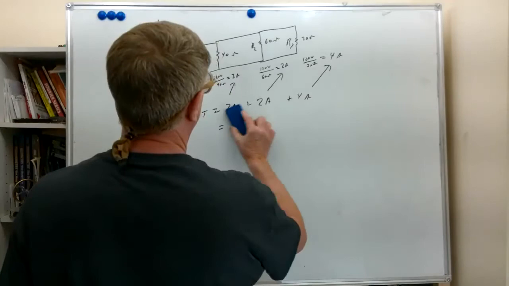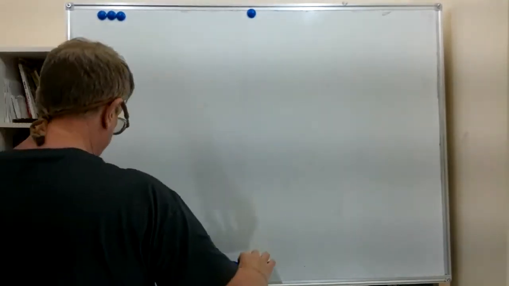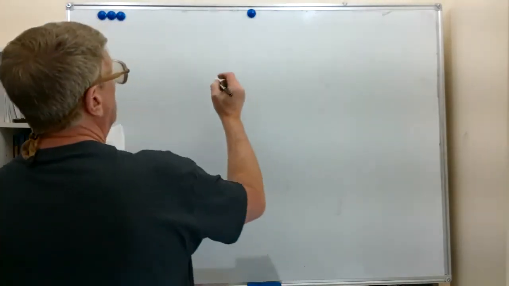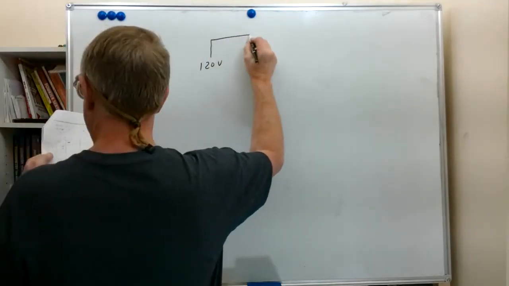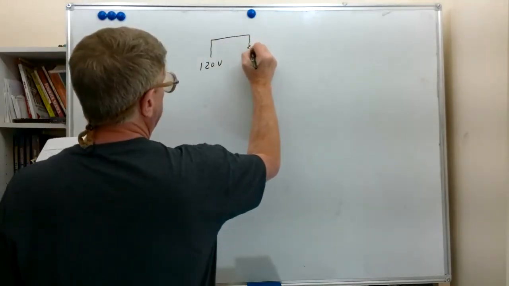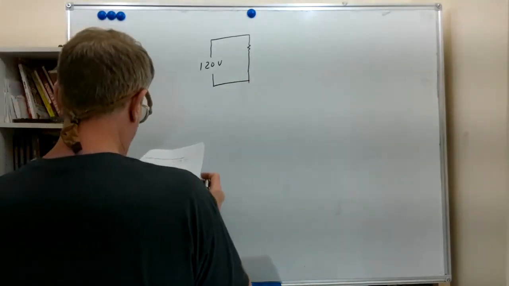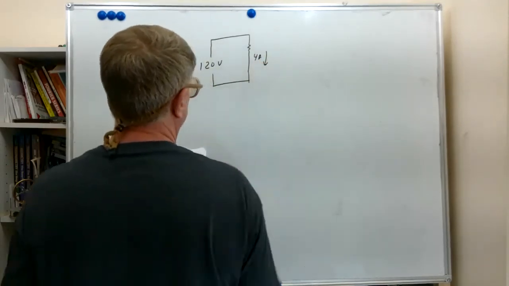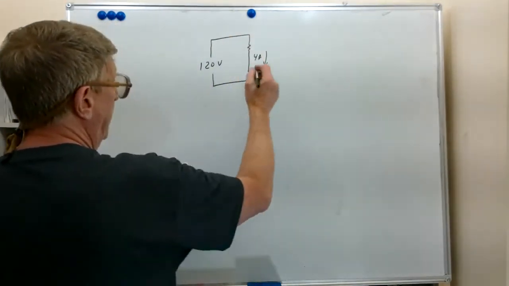All right, we'll do another example where we solve some things based on this. We again have a 120 volt power source. And we got a branch which is some load which we'll represent by a resistor, and we know that we have 4 amps drawn through that first branch.